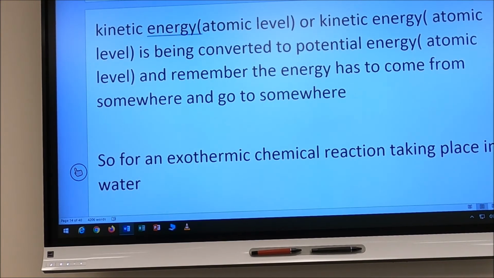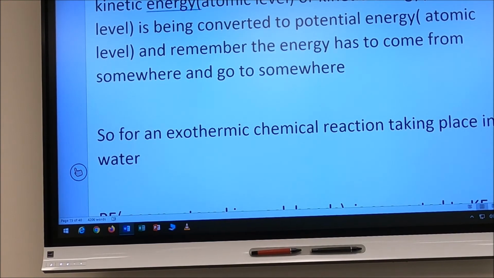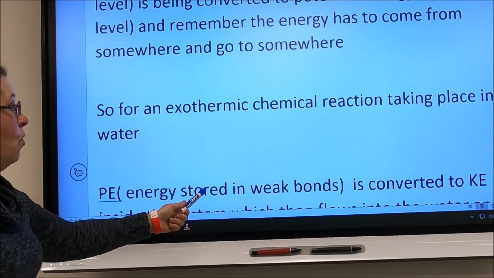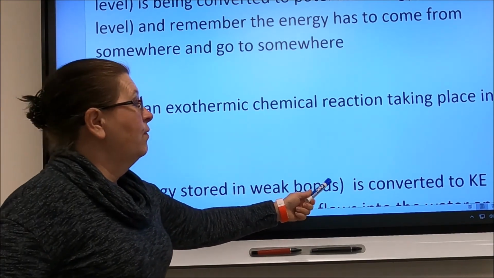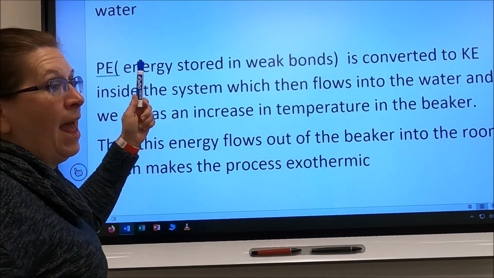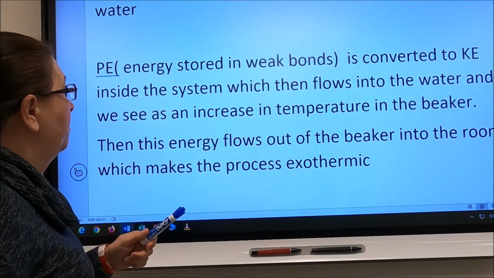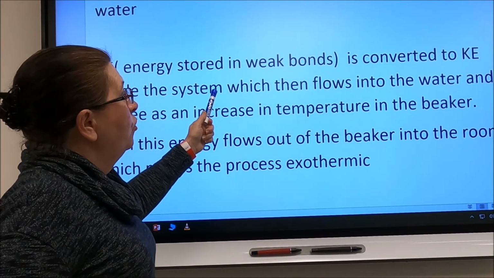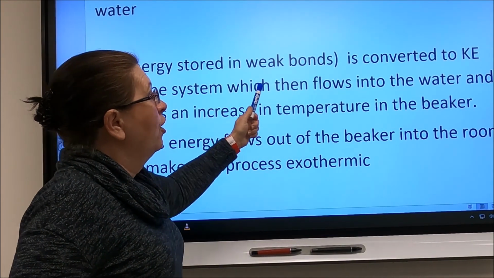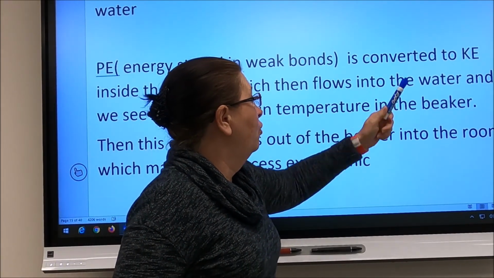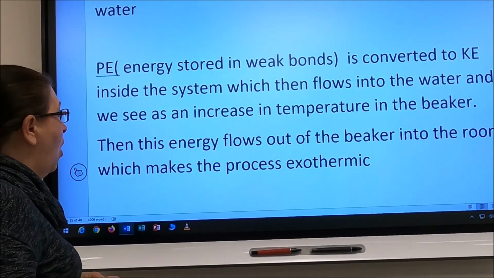So for an exothermic reaction taking place in water, let's step through what's going on with the energy. Potential energy that is stored in weak bonds is converted to kinetic energy inside the system as strong bonds are made. Which means those particles are moving faster and they're going to bump into the water molecules they're floating in, and they're going to transfer energy out to the water.